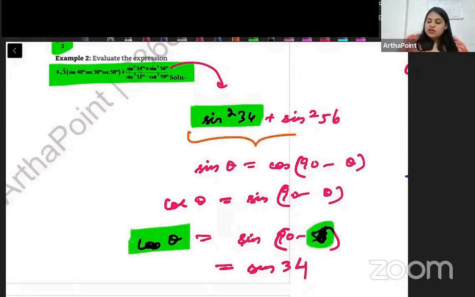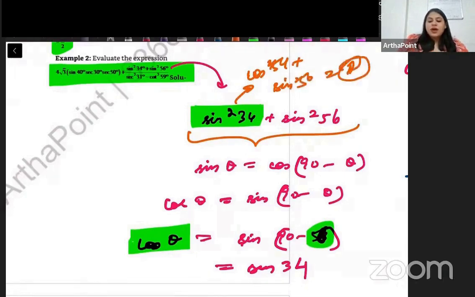So this will be cos square 56 plus sin square 56. That means it will be 1. So the numerator will be 1. Are you getting it? I'm just using these same identities.